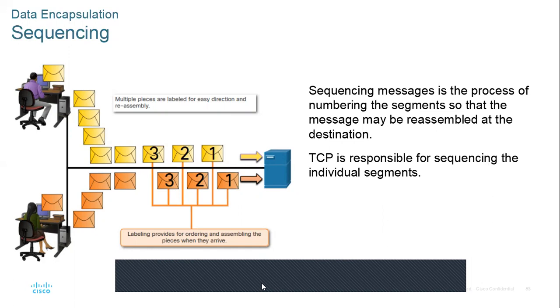It's somehow cheaper to ship them piecemeal: the brakes, the tires, the rooftop, the front section, the back, the bodywork, the doors. Just take everything down into piecemeal. That's segmenting. Sequencing is you giving them numbering so that at the end of the day, when they get to their destination, you can reassemble the car.